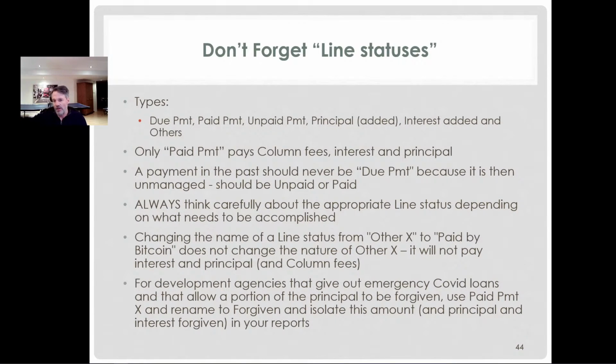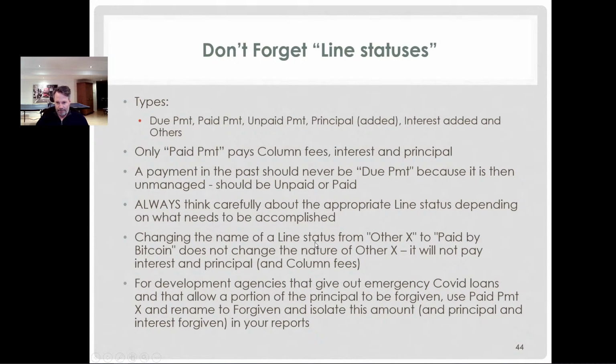It's going to go to this other column. So even if I call other X, I call it paid by Bitcoin, it will not pay these guys. So do not disrespect whether a line is a due payment, a paid payment, unpaid, a principal, or something else. You have to respect the nature of these things. If you don't know what I'm talking about, let's take half an hour and look into this.